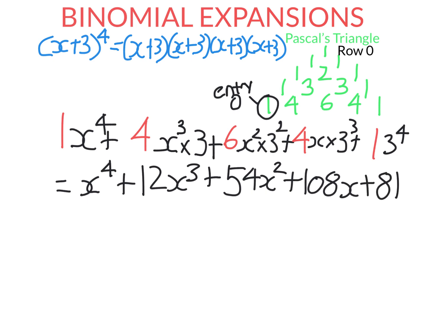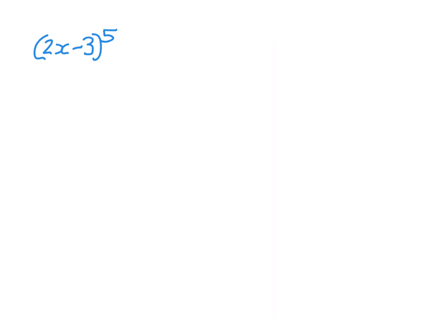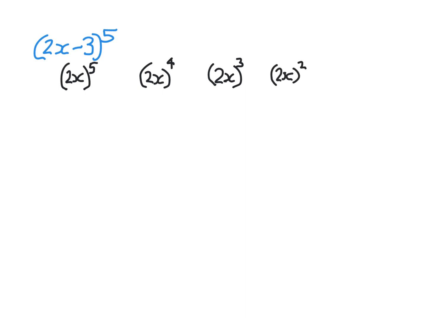All right, let's now look at another example of a higher power expansion. Let's expand this using the techniques from the previous slide. We start with the first term to the power of the expansion, and with each subsequent term, as we go from left to right, we decrease by 1 the power of this first term. We keep going until we get to the power of 0.